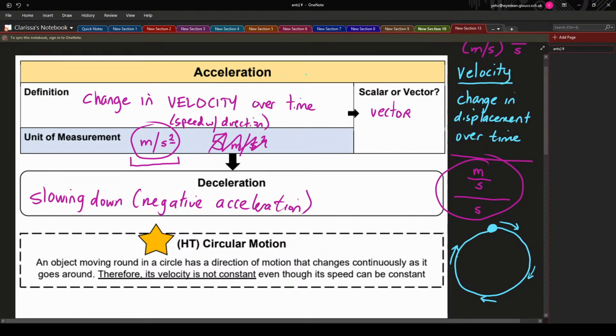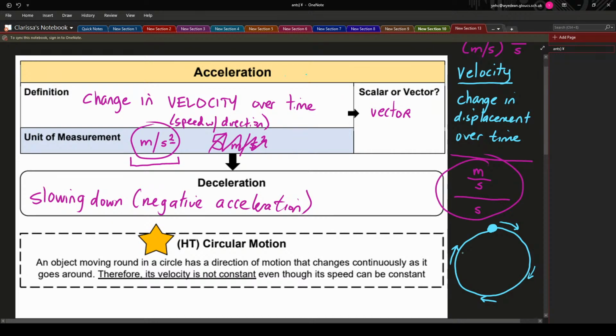We call that circular motion, obviously, because it is an object moving around a circle. Notice that it's constantly changing direction. So it's going to the right here and then going down and then going to the left and then going up. It's constantly changing direction.